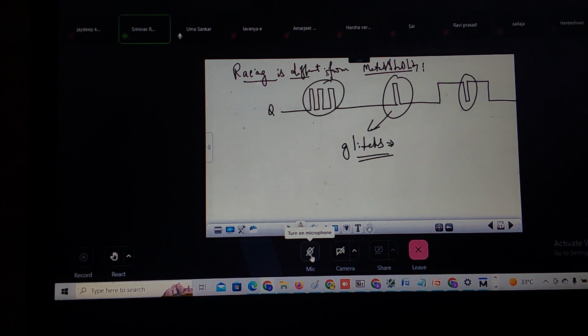This is glitch 1, and this is a glitch 0. The combination of these is what happens in racing: 0, 1, 0, 1. Instead of the output being 1 or 0, there is a race happening here. This behavior in the circuit we call a racing behavior.